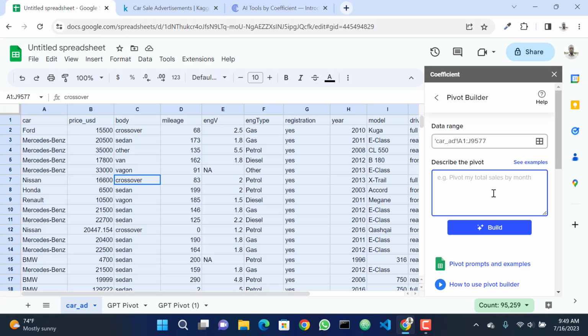Okay, how does the average price of cars vary by car brand and year of production?